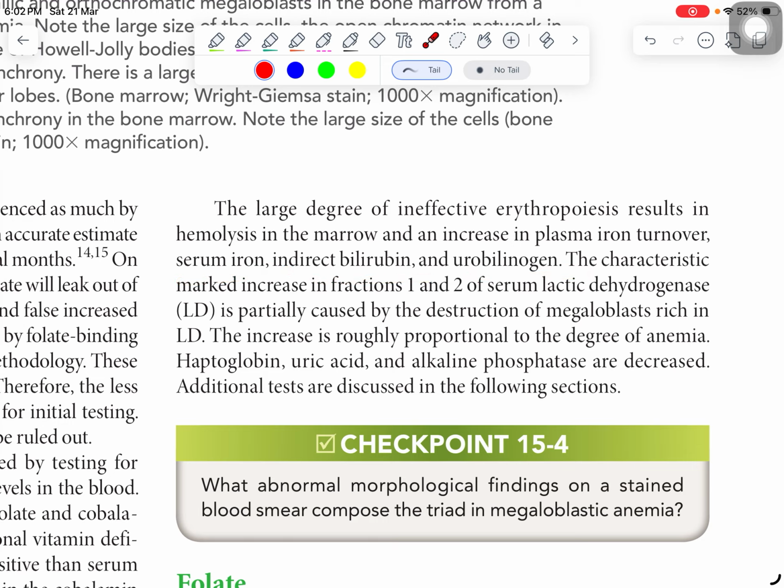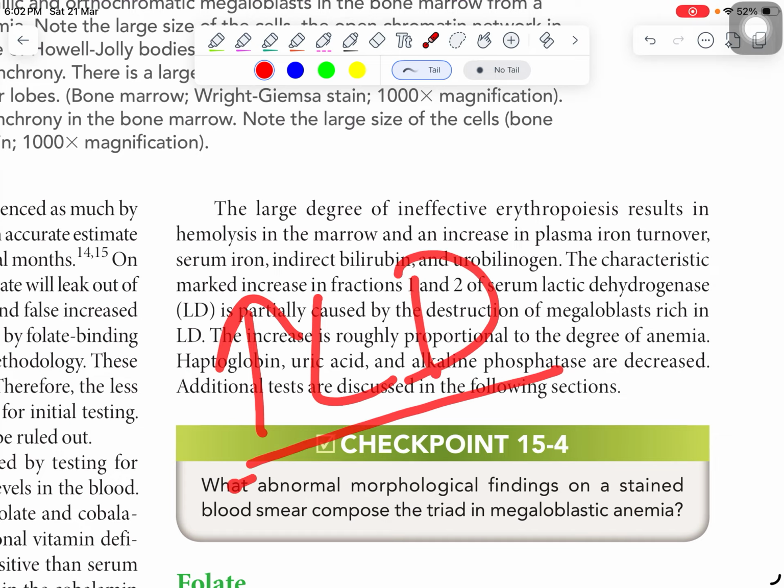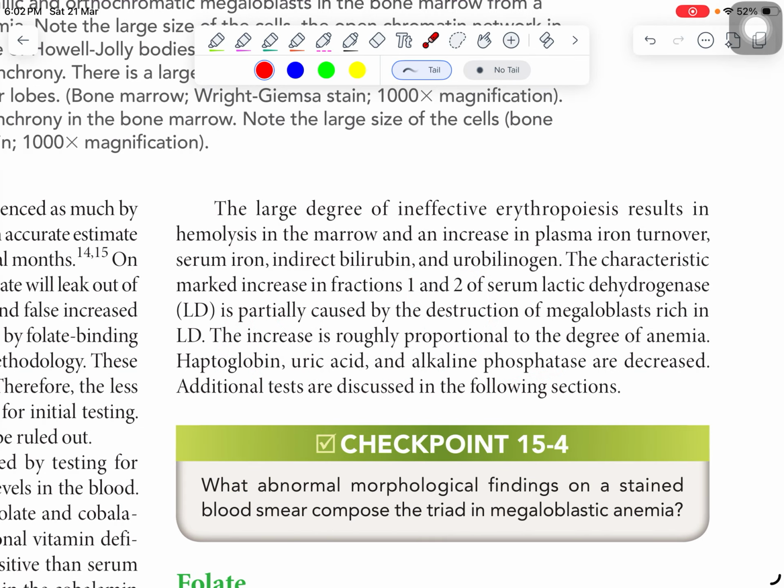The characteristic marked increase in fractions 1 and 2 of serum lactate dehydrogenase is partially caused by the destruction of megaloblasts, which are rich in lactate dehydrogenase. So whenever there is megaloblastic anemia, you can note an increased LD level, because when megaloblasts are destroyed, LD will increase. The increase is roughly proportional to the degree of anemia.